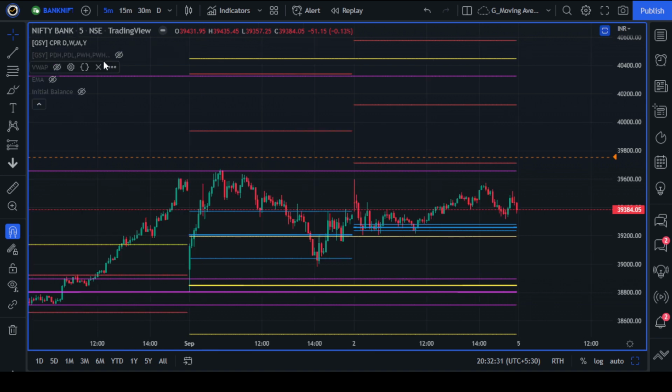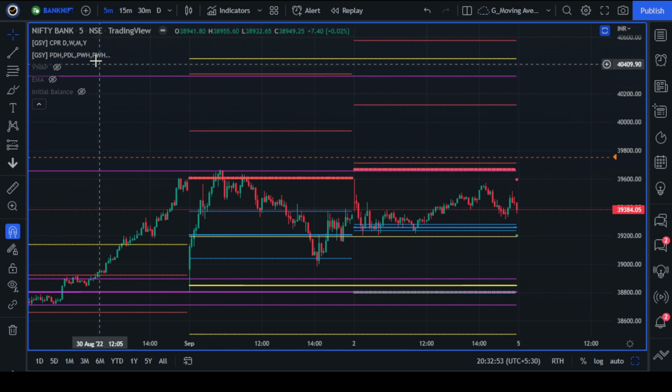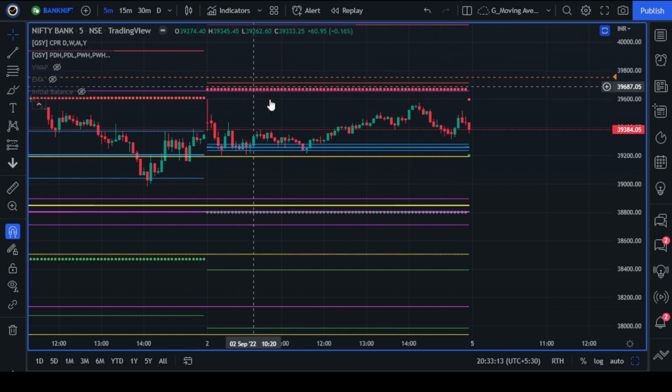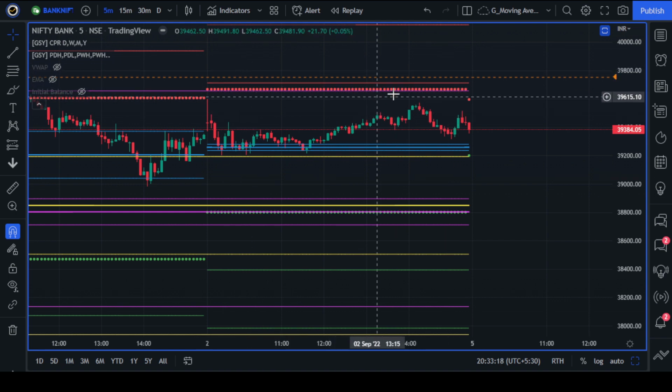Now let me move on to the range, the previous day high and previous day low. This is a private script I have, and this script gives me the previous day high and previous day low. I just enabled it now. You can see the round dotted lines: the red is the previous day high, and the green one here in fact coincides with the central pivot of weekly.